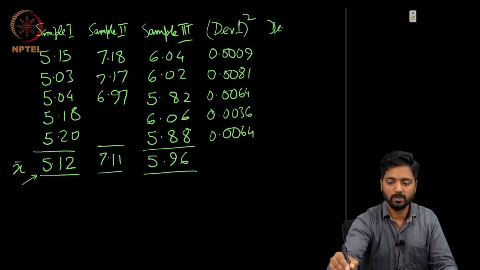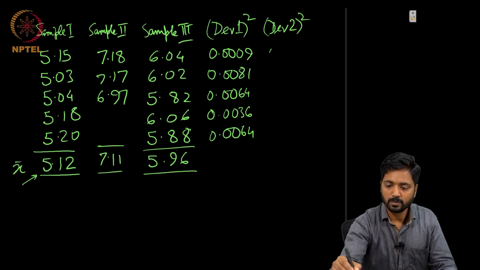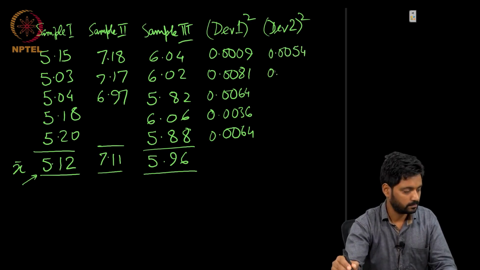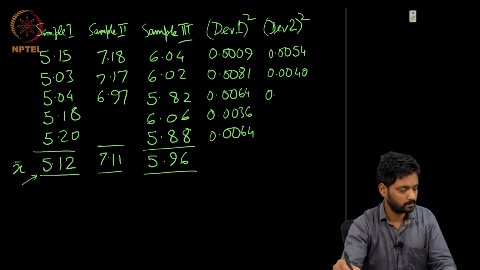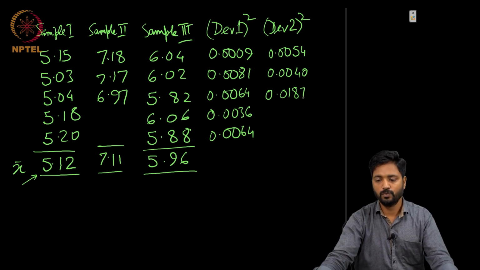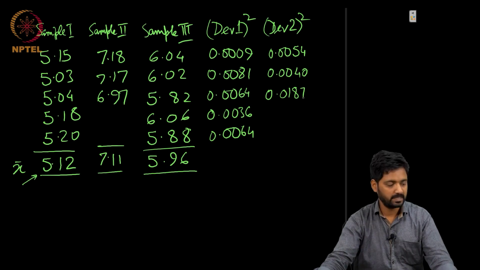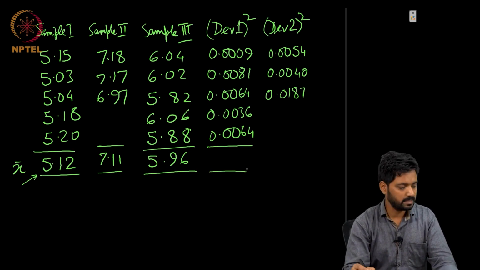Similarly, we can go about calculating the deviation 2 squared, and we can summate these.